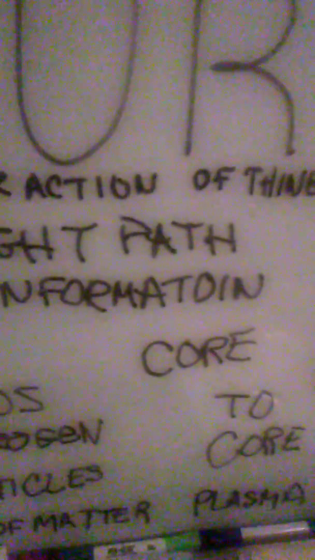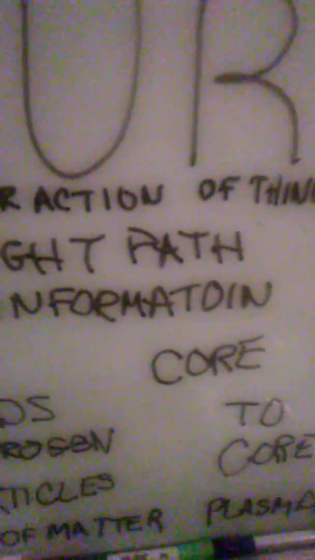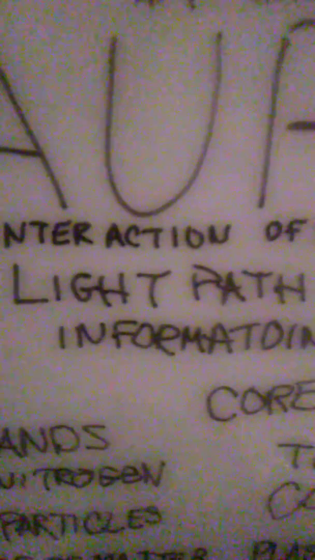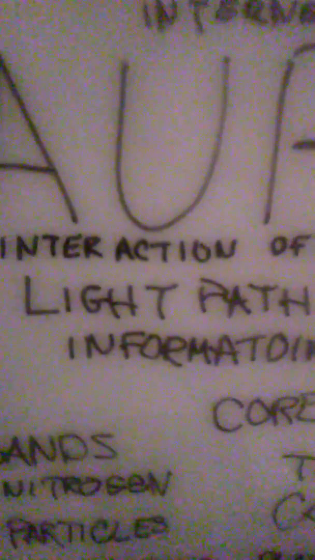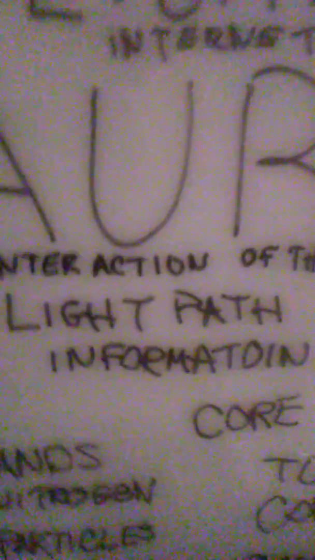The light path information. The core-to-core relationship between the magnetic fields within the sun and the magnetic fields within the earth created by iron, creating that. And within the sun, it is the plasma, right, created by the pressures of hydrogen and helium, right? This is another New Black World Order TV Productions.